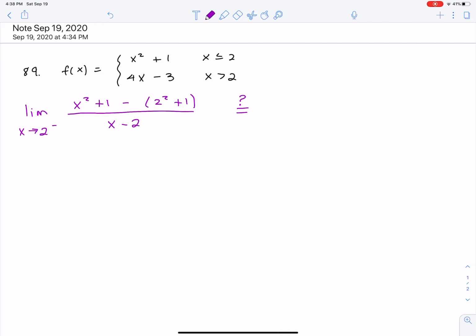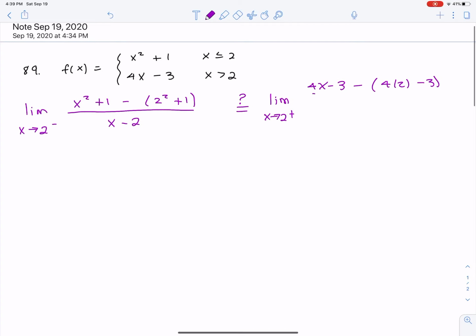the limit as x approaches 2 from the right of the bottom equation. So it's going to be f of x, which is 4x minus 3, minus f of 2, which is 4 times 2 minus 3, all over x minus 2.